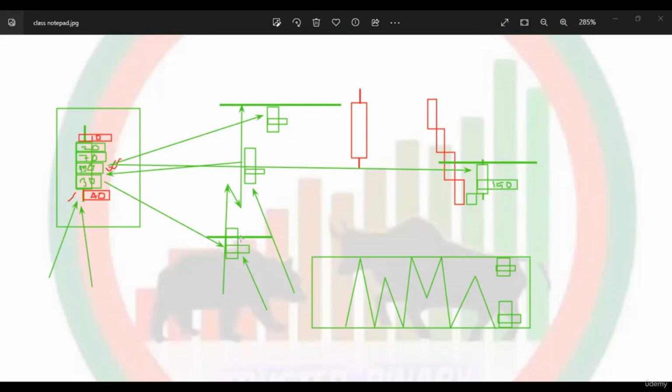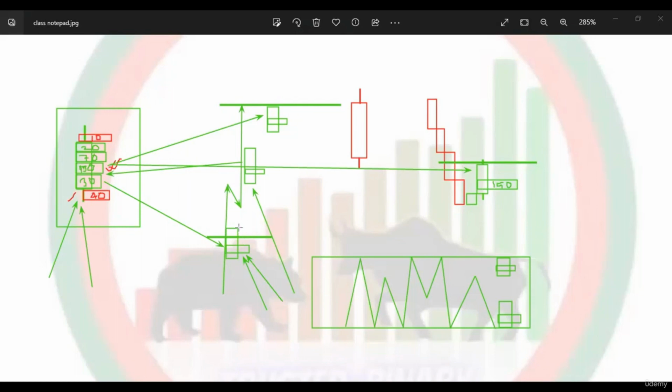But when a breakout happened, it will not come here. Most of the time, it will come back to that previous area. That means this area will fail. It will not work. When the market came to this breakout point, the power of control shifted from here to here.